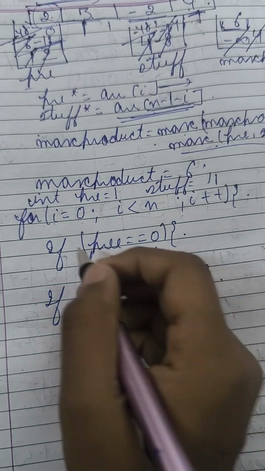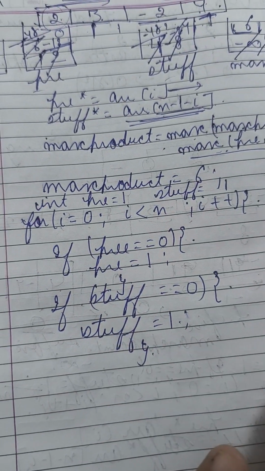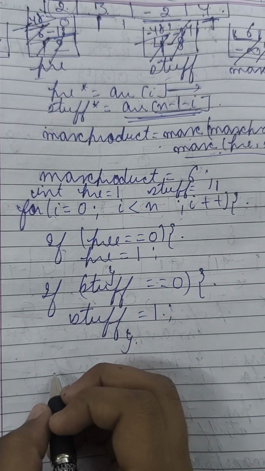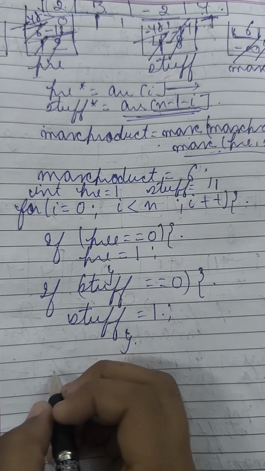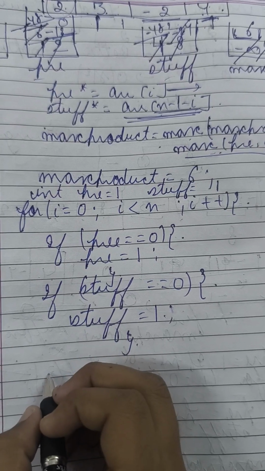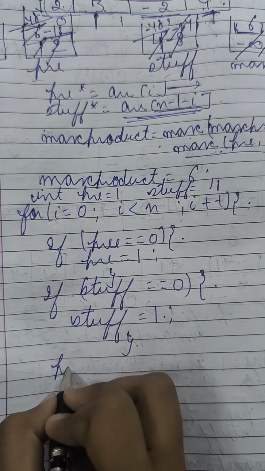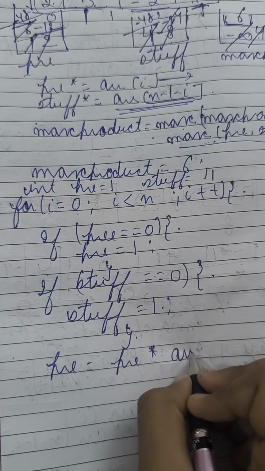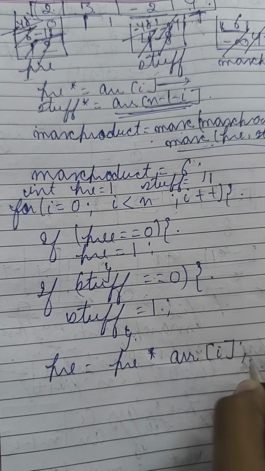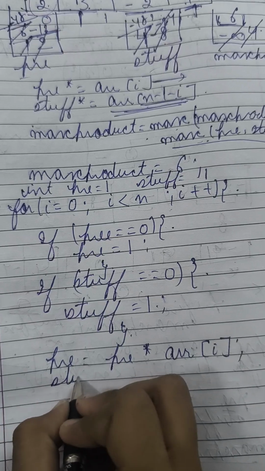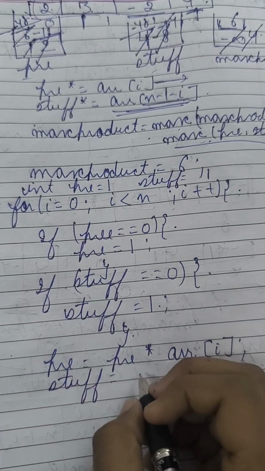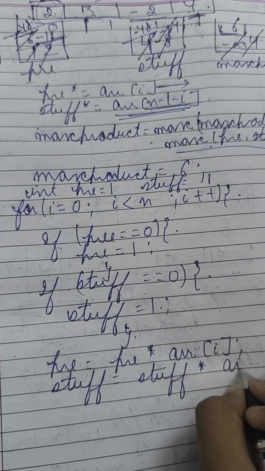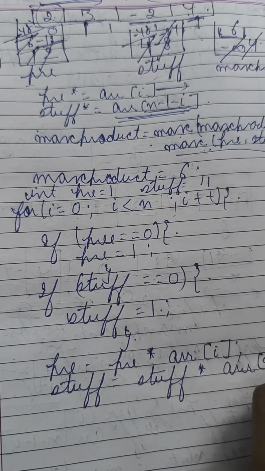Okay, so here we took out pre, here we took out stuff, and now pre equals pre into array of i, and stuff equals stuff into array of n minus 1 minus i.